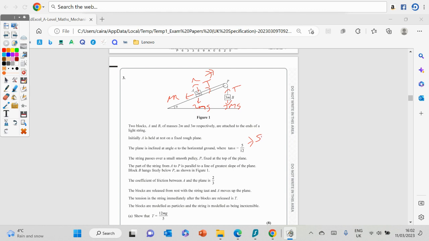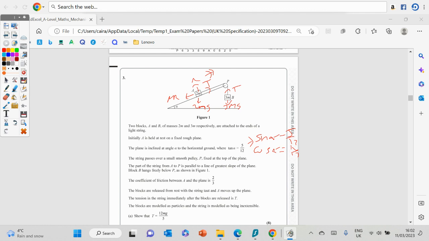So from here, we can get sine alpha as opposite over hypotenuse, so it'll be 5/13. And cos alpha is 12/13. Just because I might need them later, so I might as well make note of them now. So, we need to find what the normal reaction is.